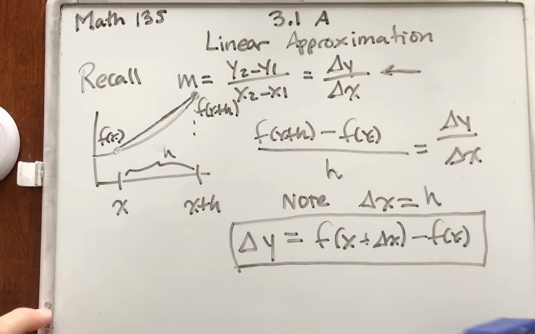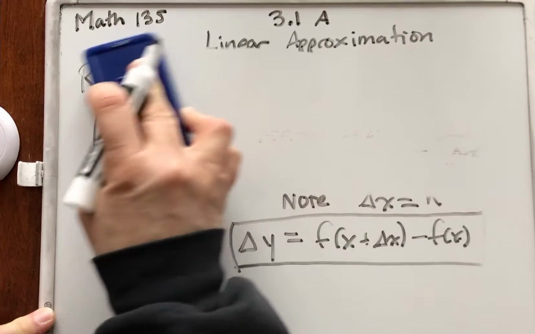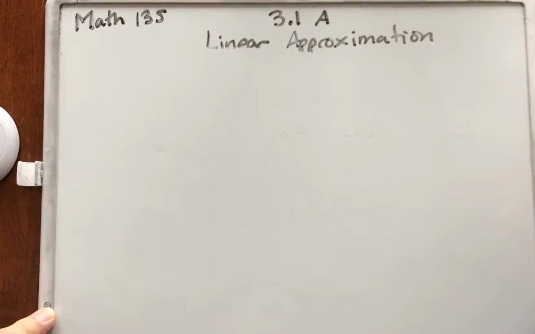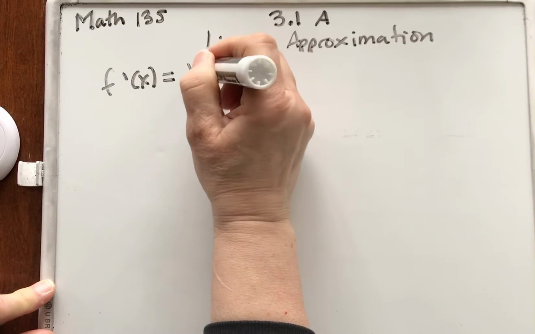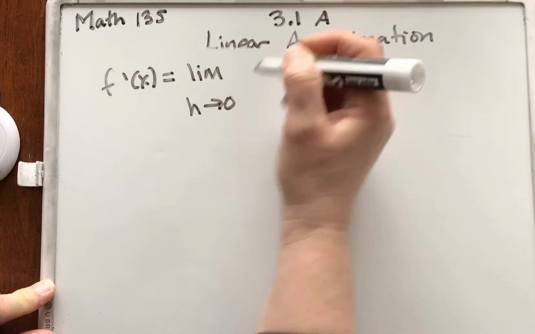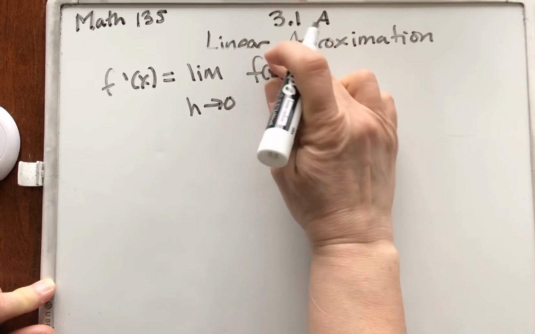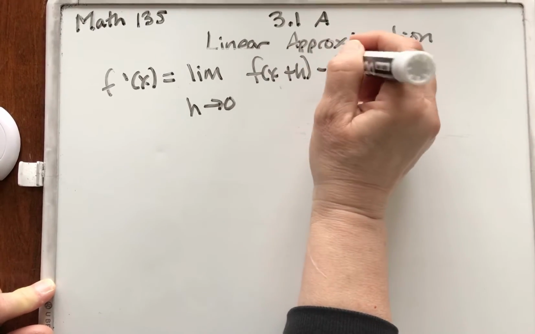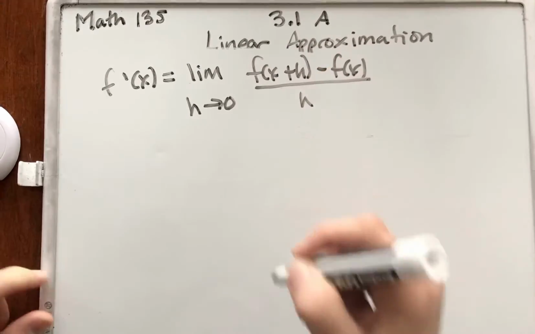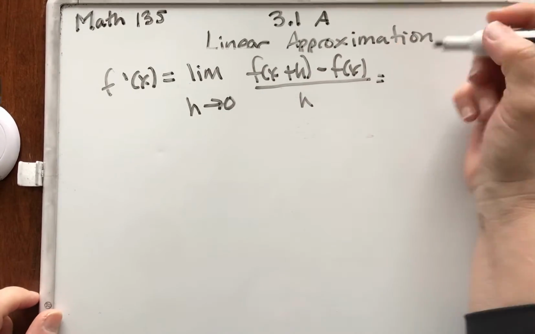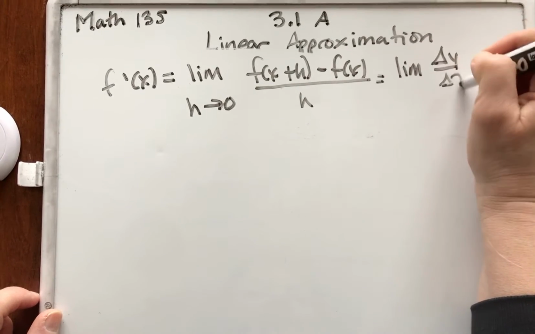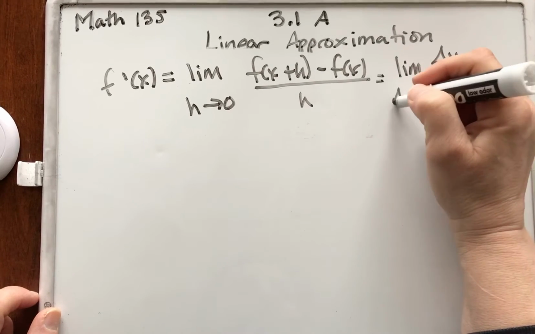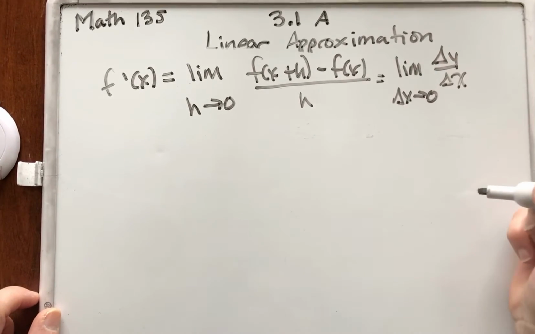All right, I'm going to erase this. Okay, we know that f prime of x equals the limit as h approaches 0 of f of x plus h minus f of x all over h, which equals the limit of delta y over delta x as delta x approaches 0.